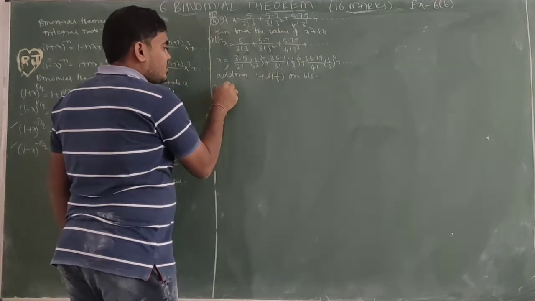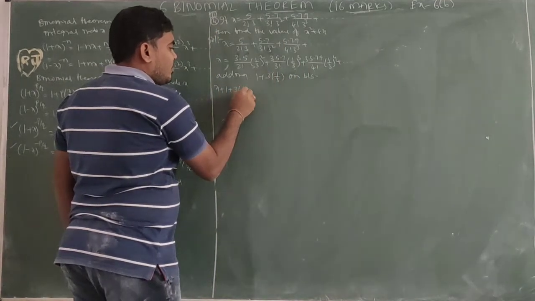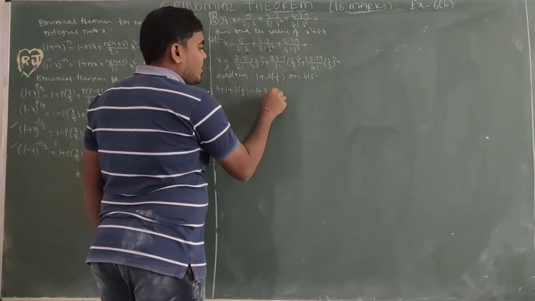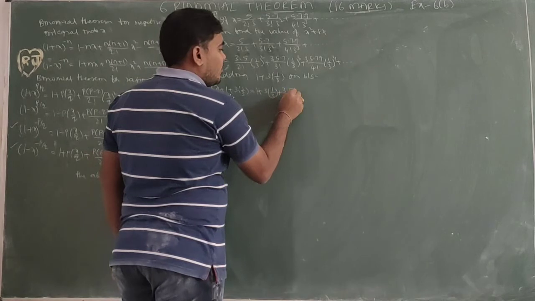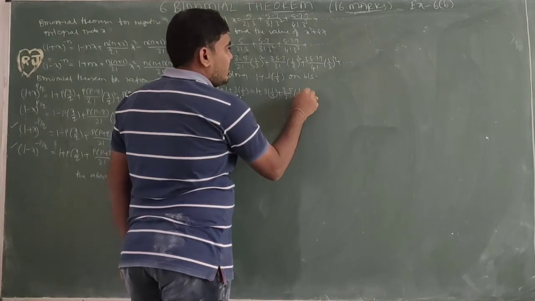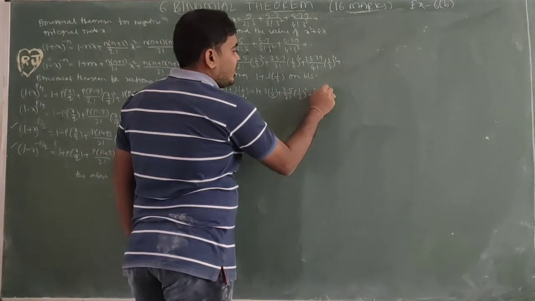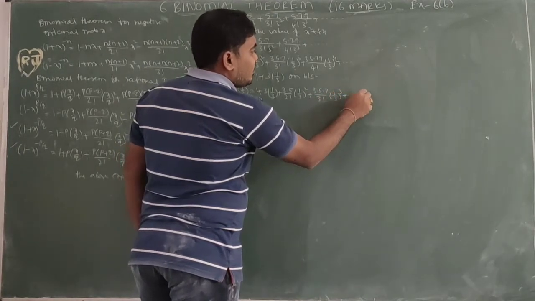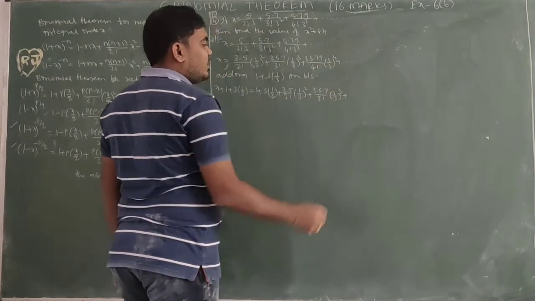So x plus 1 plus 3 of 1 by 3 equals 1 plus 3 into 1 by 3 plus 3 into 5 by 2 factorial 1 by 3 whole square, 3 into 5 into 7 by 3 factorial 1 by 3 whole cube, plus up to so on. This is also included in this.